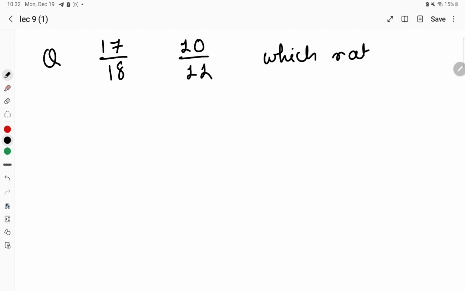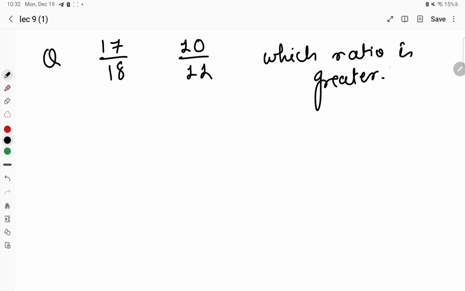Before that, I had given you one homework, that is 17 upon 18 and 10 upon 11. I asked you which of these given ratios is greater.